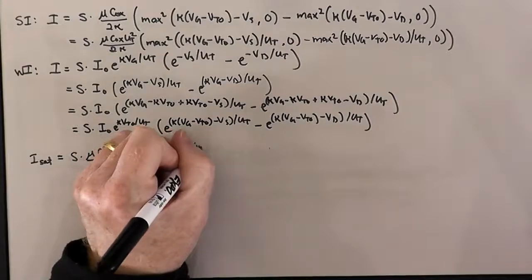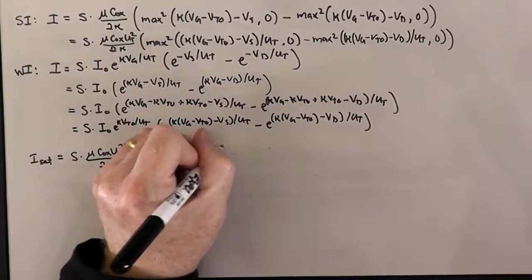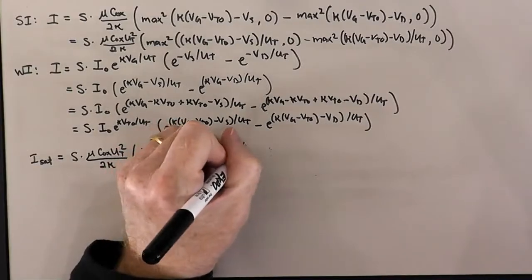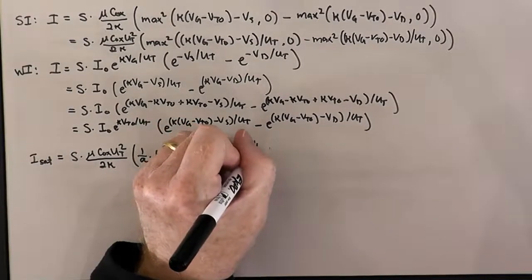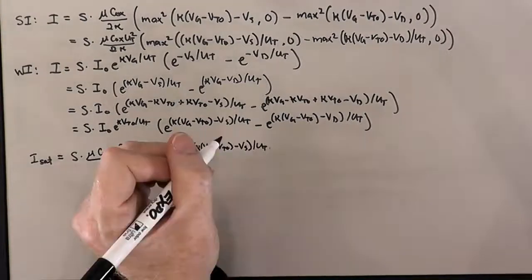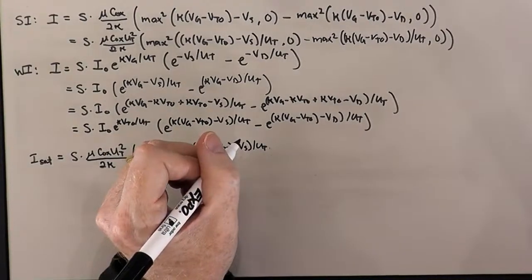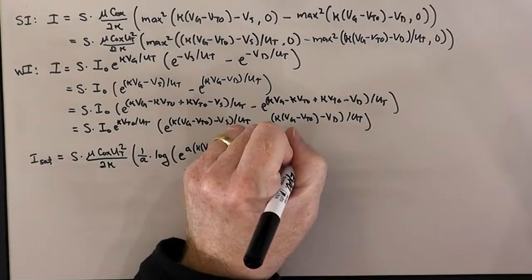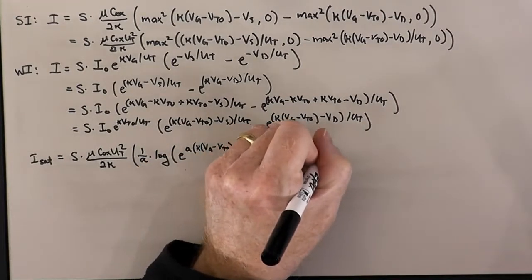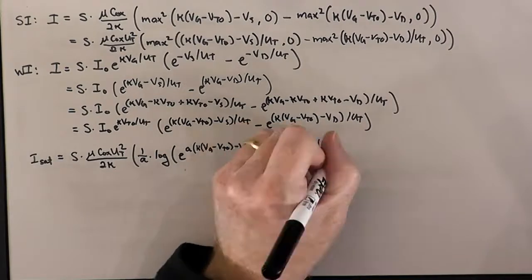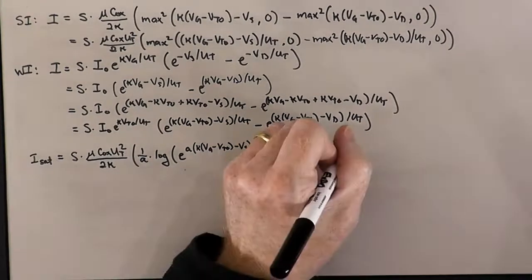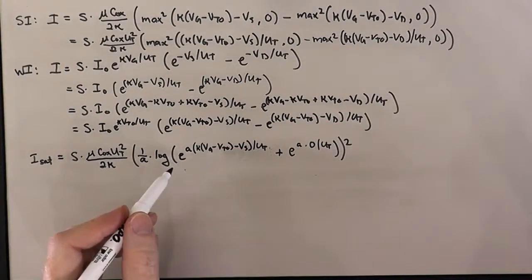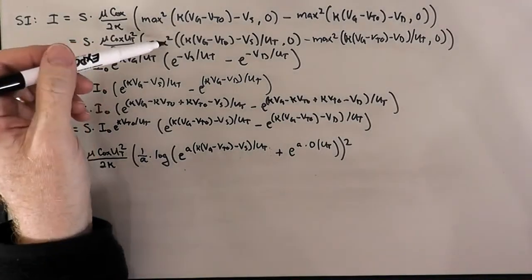So it's going to be kappa Vg minus Vt0 minus Vs over Ut plus e to the a times 0 over Ut. And we're going to square that because it's max squared. So this is the softmax function replacing the max here.